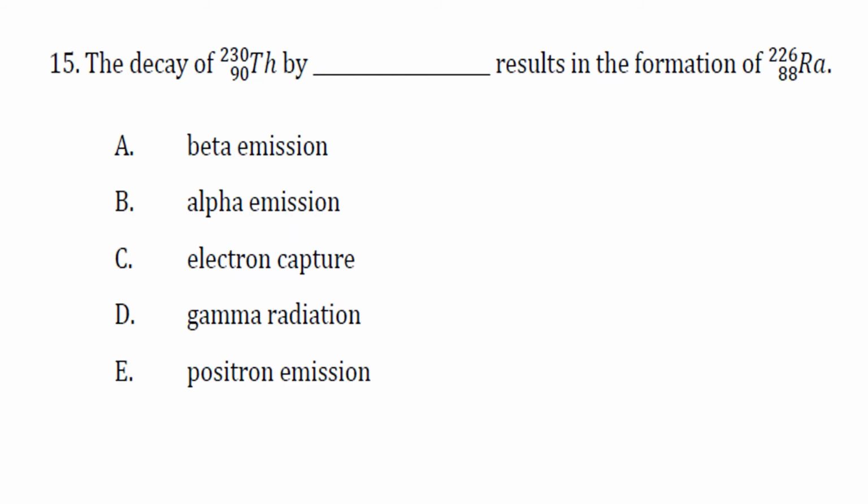The decay of thorium-230 by blank results in the formation of radium-226. So let us analyze this question. We start with thorium-230. It has the atomic number 90, and it results in the formation of radium-226, atomic number 88.